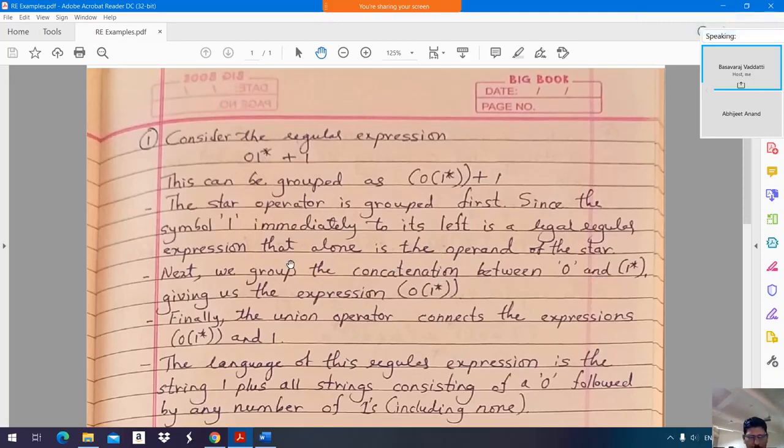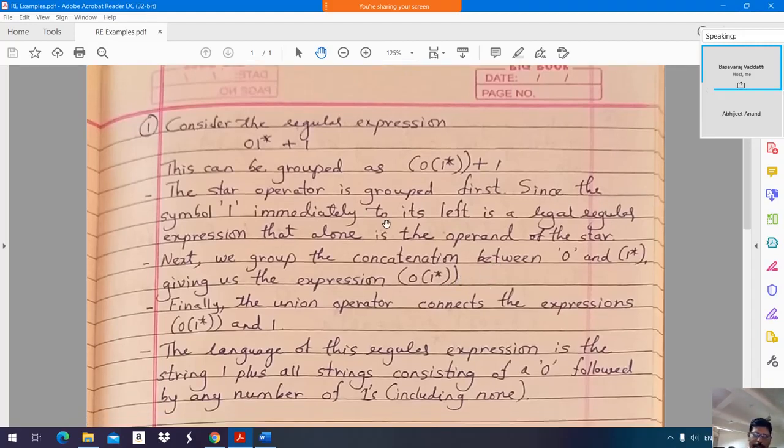Okay. Next, we group the concatenation between 0 and 1 star, giving us the expression parenthesized 0, then parenthesized 1 star. That is a sub-expression it is going to generate. Let me know if you have any doubts here.